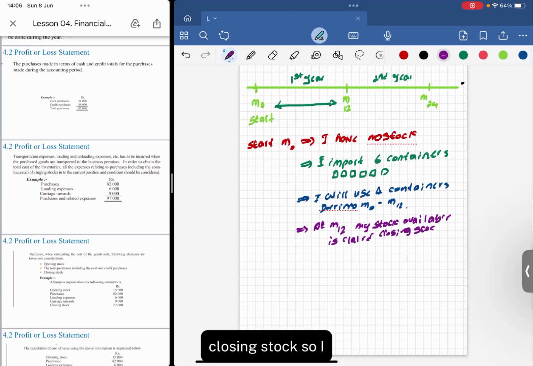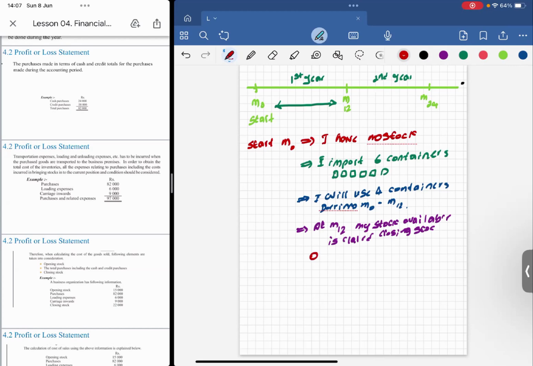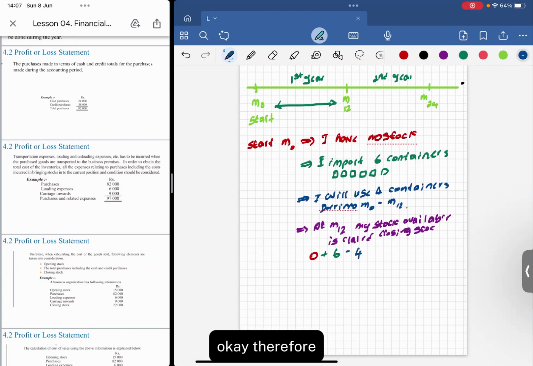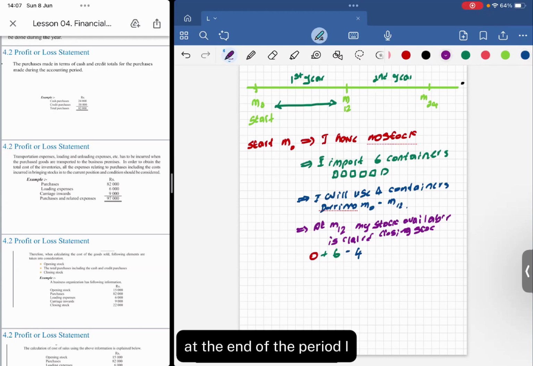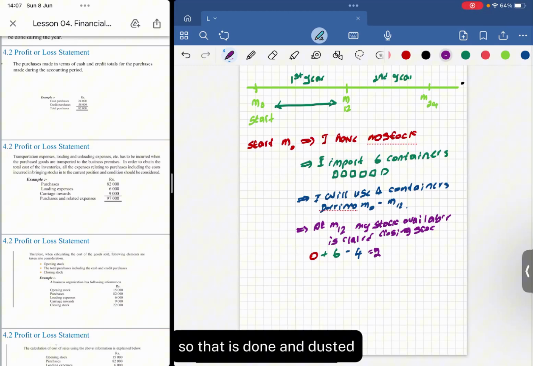At the beginning I had 0. Then I imported 6 containers, and out of that I used 4. Therefore at the end of the period I am left with 2 containers.